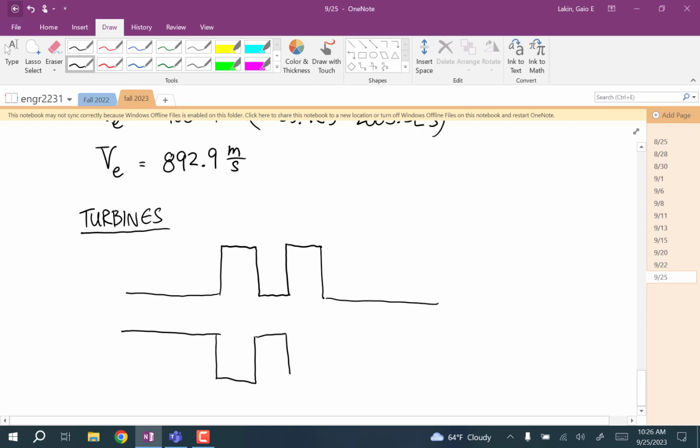So this is all just the pipe. And in here, you have your turbine blades. And these are connected to each other by a shaft.